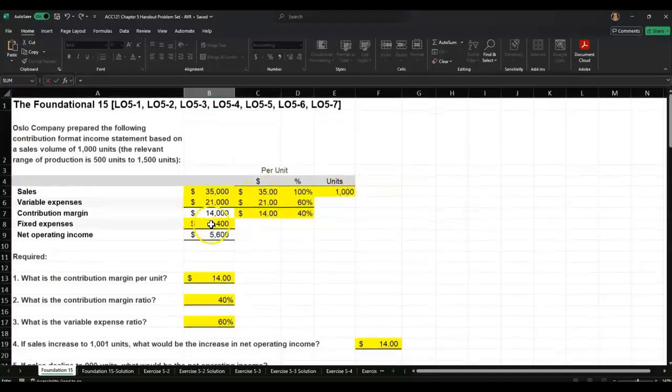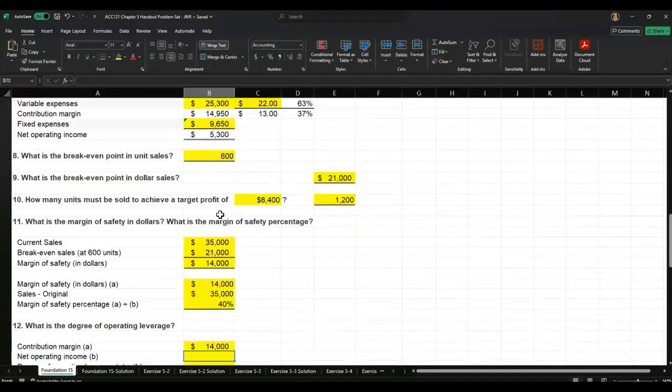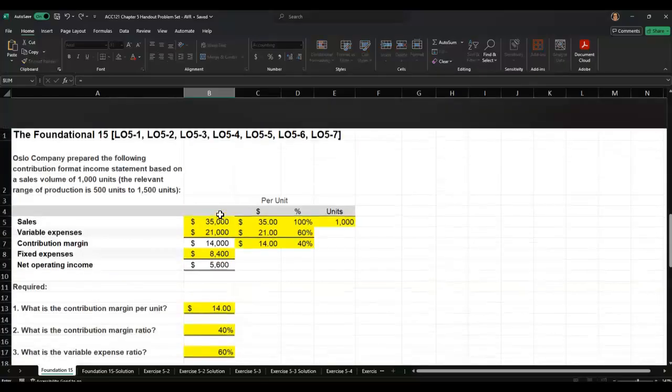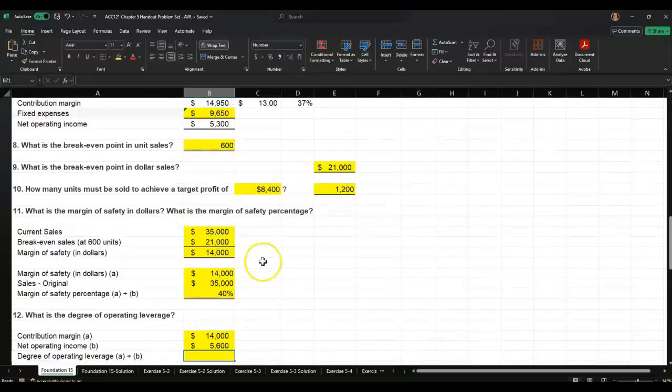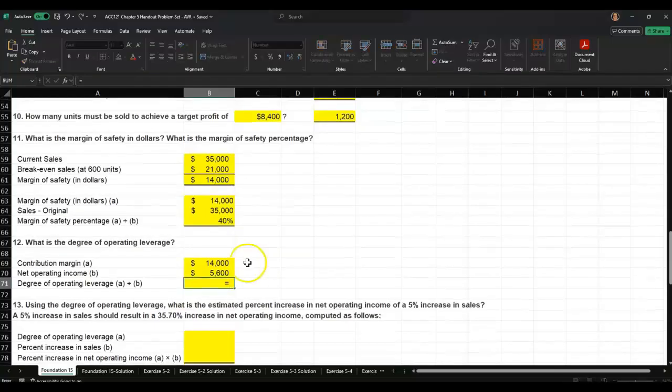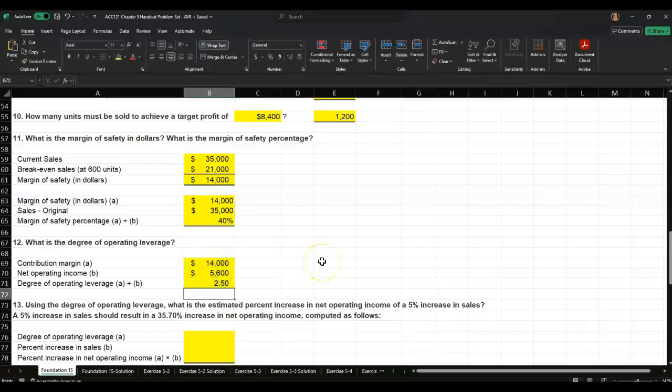So if we come up here and grab that contribution margin of 14 and pick up that net operating income number of 5,600, and we simply take the 14 divided by the 5,600, we get an operating leverage in this particular case of 2.5, which basically means that every time we've got a percent increase in the contribution margin, we're going to have 2.5 times the increase in the net operating income.